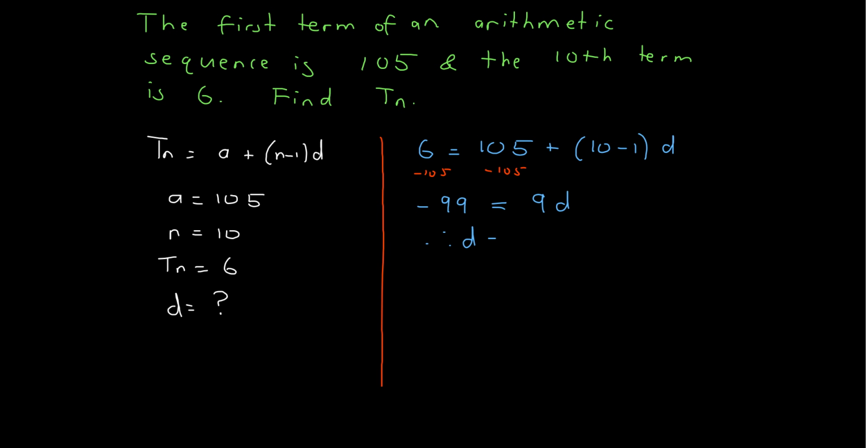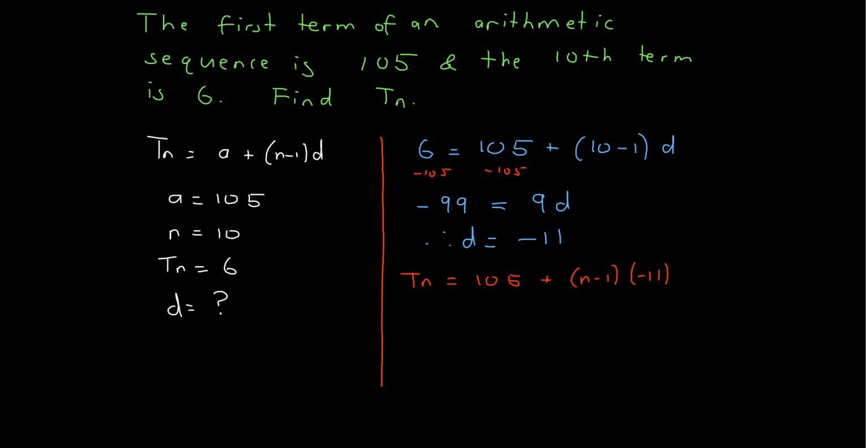Therefore, d equals negative 11. And we can now state our formula. It is t of n equals 105, which was my a, plus (n minus 1), for any value of n I want to sub in, multiplied by minus 11.